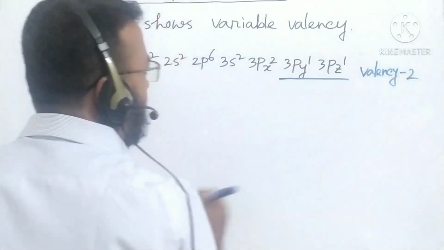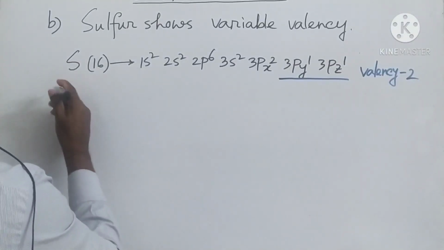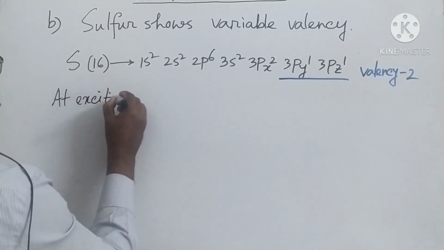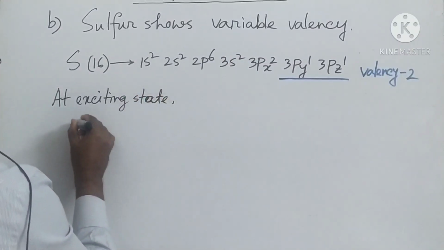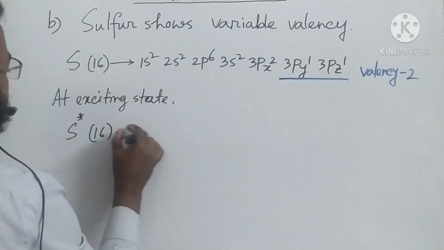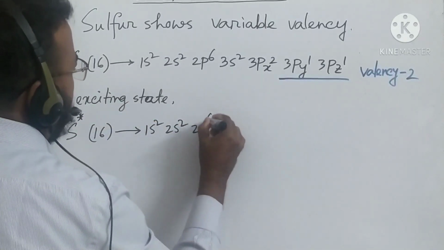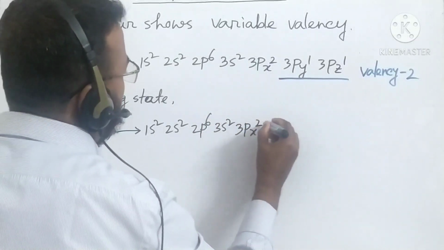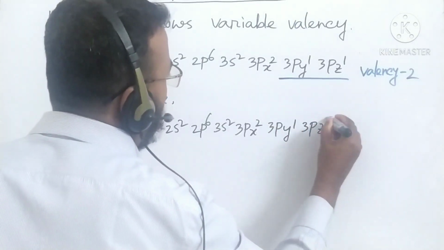2. Now at excited state, sulfur 16, so it is 1s2, 2s2, 2p6, 3s2, 3px2, 3py1, 3pz1.